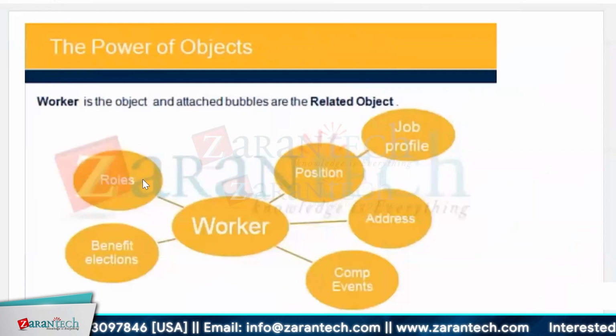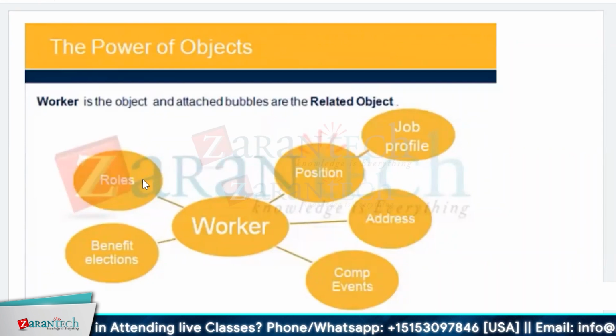Okay, so this is going back to the whole object thing, and Ramesh, what you were saying, right, is that Workday figures out, and it seems like in PeopleSoft it doesn't do that, but it already does the relationship building behind the scenes. So a worker has roles assigned to them, they have benefit elections, position, address, comp events.